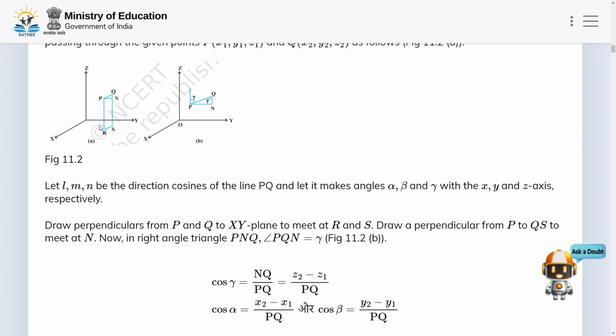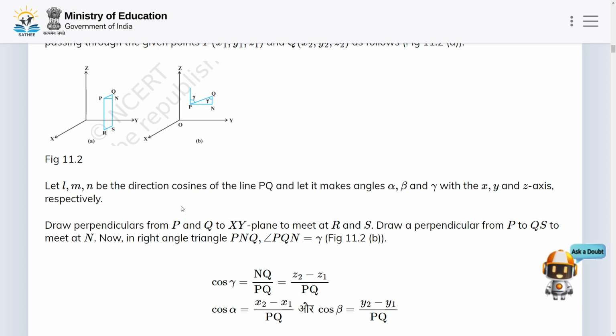As you can see here, the perpendicular from P onto the xy plane is your point R. Same with Q, your S will be the point, and same with PN, which will be the perpendicular on QS, as you can see. Okay, clear.